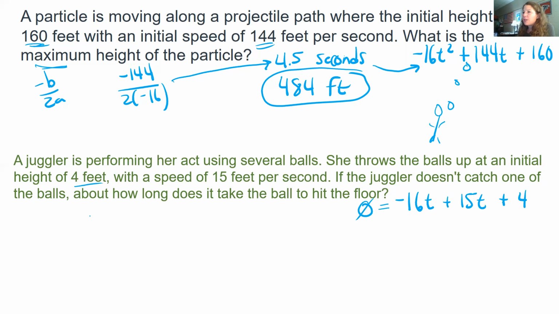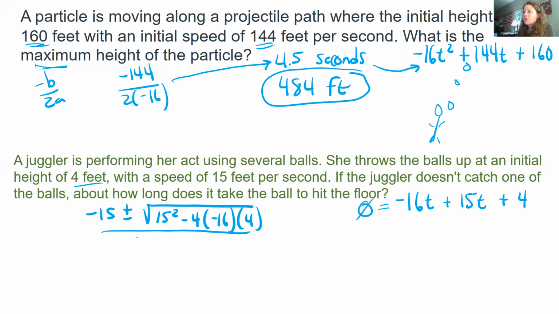All right, so we're going to do the opposite of b, plus and minus the square root of 15 squared minus 4 times negative 16 times 4, all over 2 times a. So I'm going to put this under the radical in my calculator.